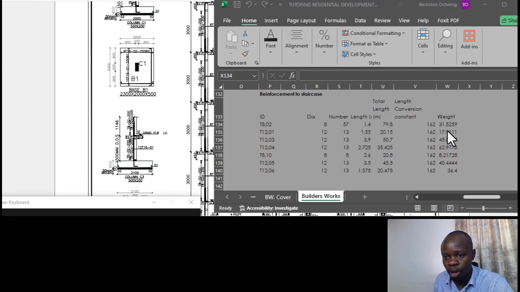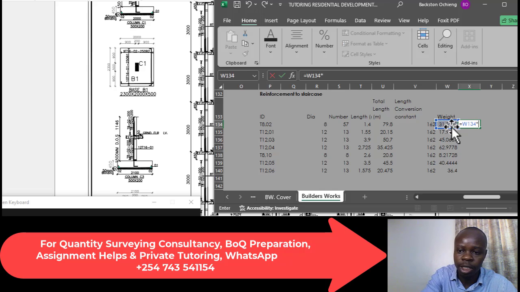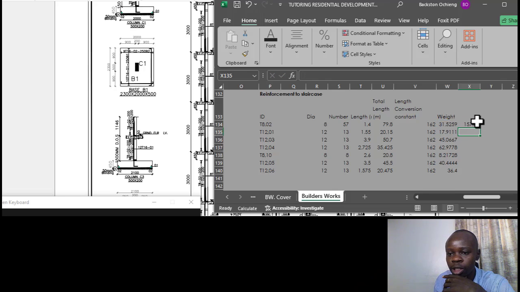Having confirmed that the staircases are identical, we need to multiply by the number of floors, because what we've done is for our whole floor, both flights. So we'll take the weight that we've just calculated times their 5 floors, which are typical. So we copy the same all the way.